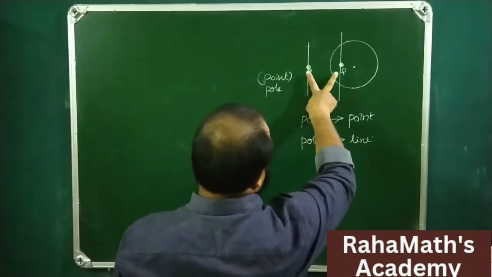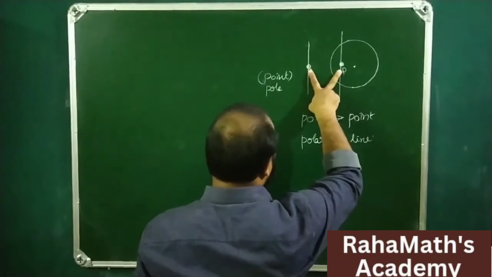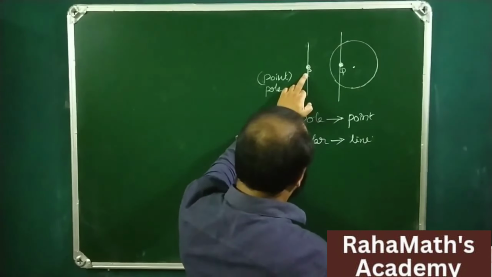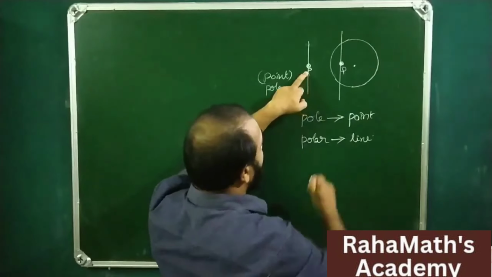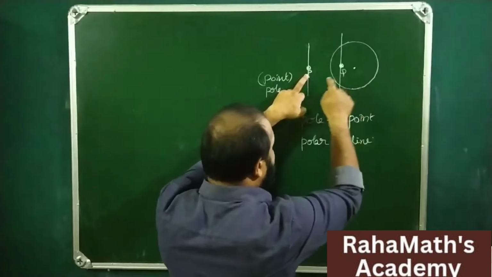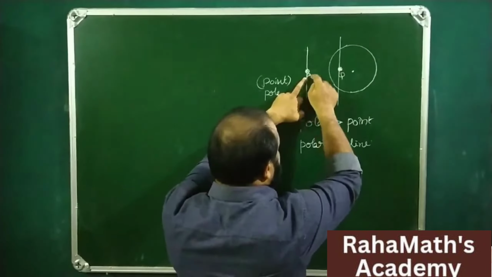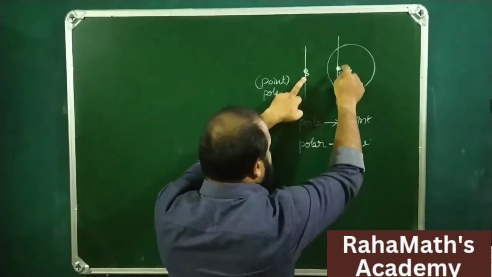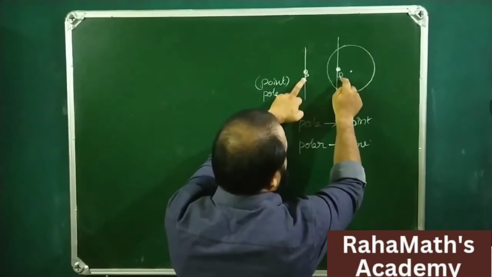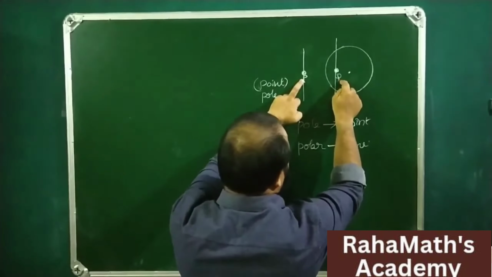circle. Now, P comma Q points are said to be conjugate points if the polar of this point P passes through Q. What is this line? This line is the polar of the point P. The point P's polar is this, and this is passing through Q. And as far as Q is concerned, Q is a point, in other words, it is a pole.